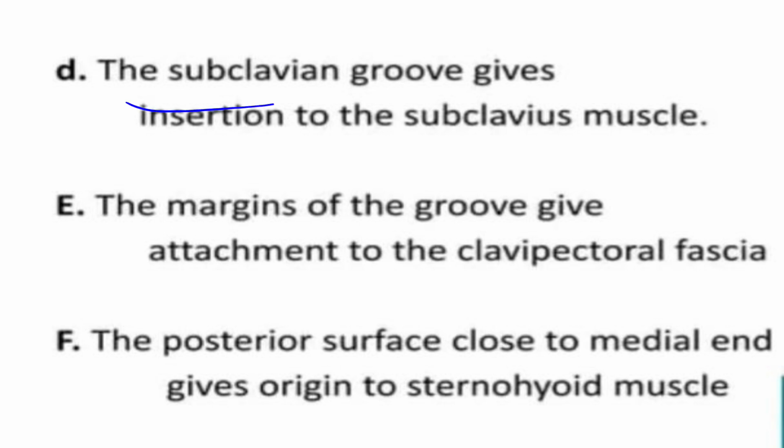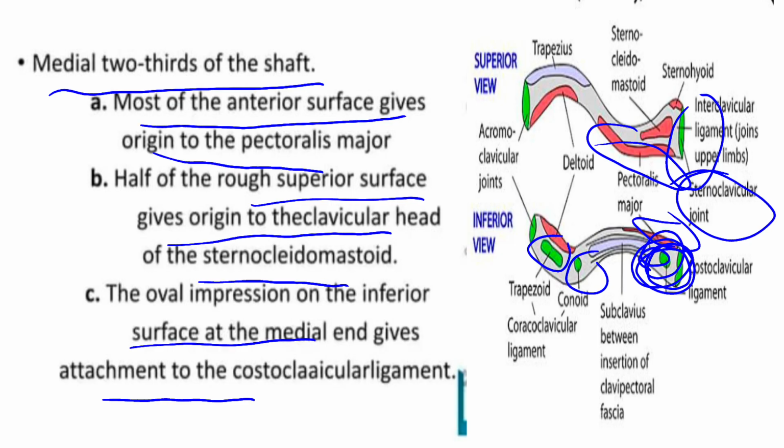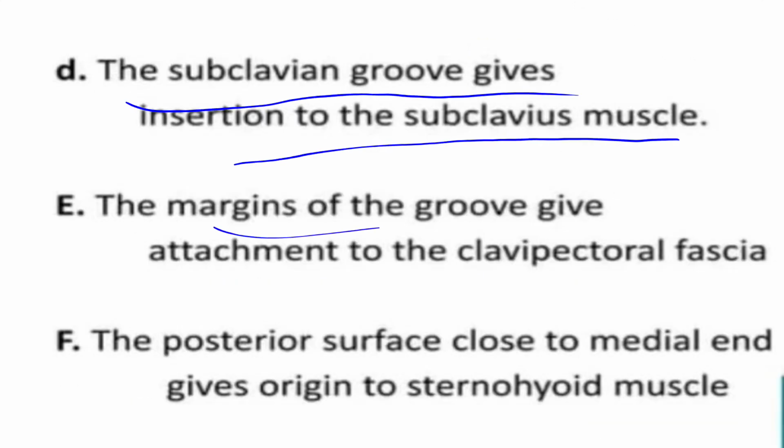The subclavian groove gives insertion to the subclavius muscle. Here you can see the light blue color which gives attachment to the subclavius muscle. The margins of the groove give attachment to the clavipectoral fascia.